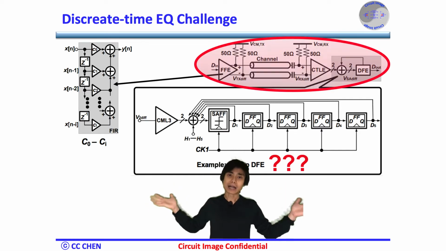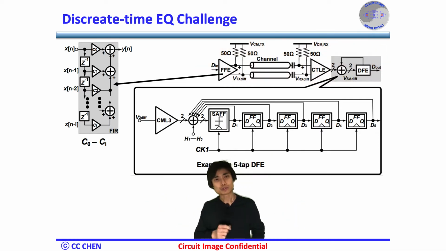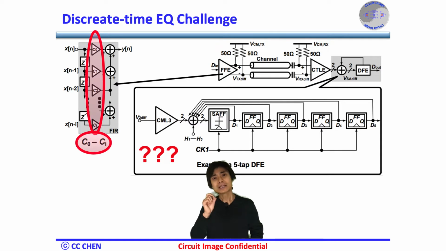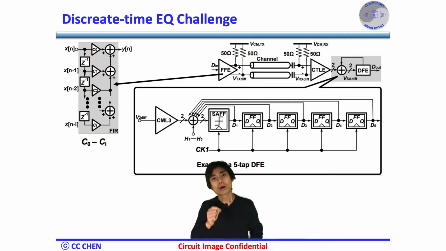Under these unknown conditions, how do we adjust the FFE's tap coefficients C0 to Ci or the DFE tap coefficients H1 to H5 such that those 2 discrete-time equalizers can open the eye to the required data level D-left? Think about your circuit images for 5 seconds.